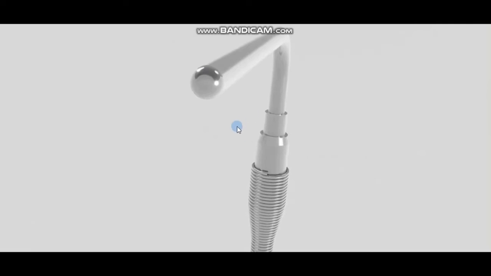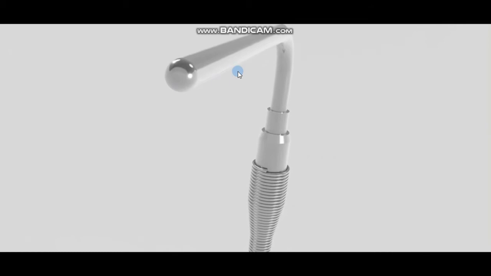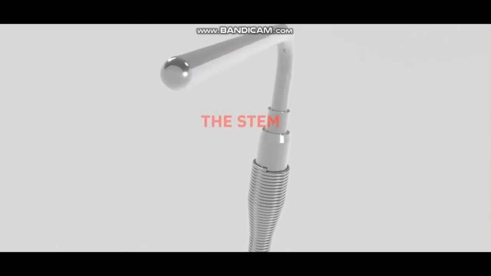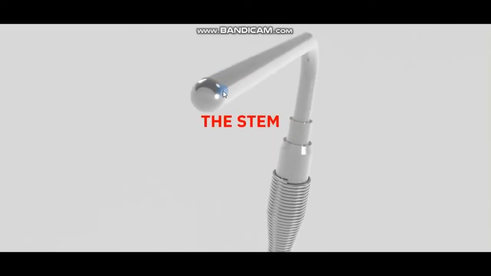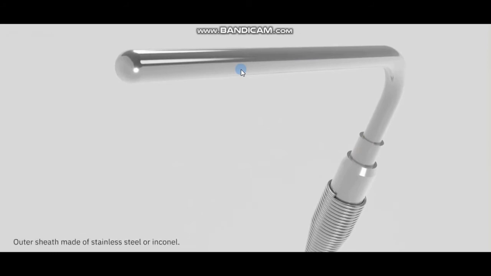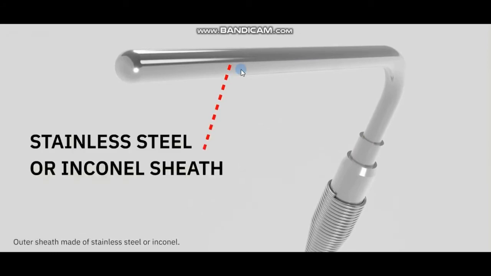The thermocouple consists of something called the sheath, and the sheath is made from stainless steel.